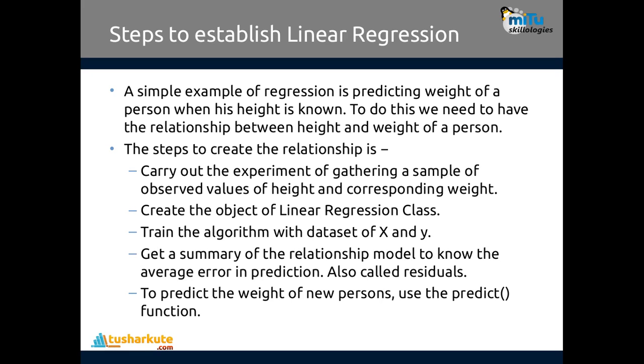If you create an equation for them, we have a relationship between height and weight of a person. We carry out experiments, gathering a sample of observed values of height and corresponding weight. Then we create an object of the linear regression class and train the algorithm with the fit function. Then we find a summary of the relationship, and the average error in the prediction, which is called residuals. To predict the height or weight of a new person, we use the predict function.